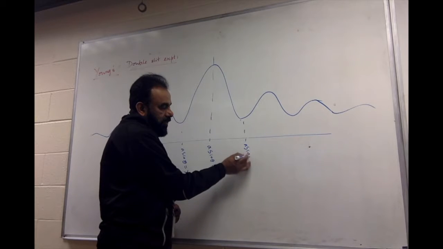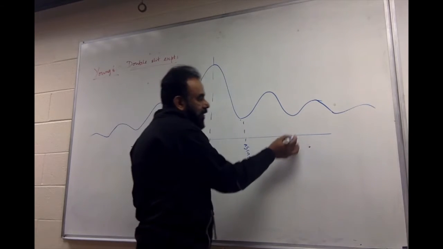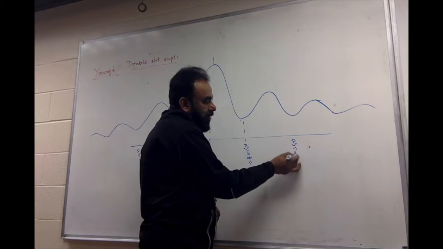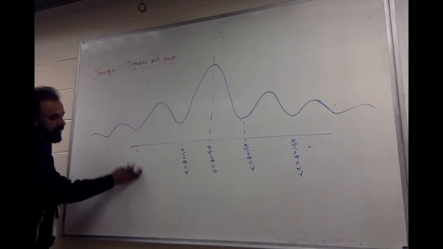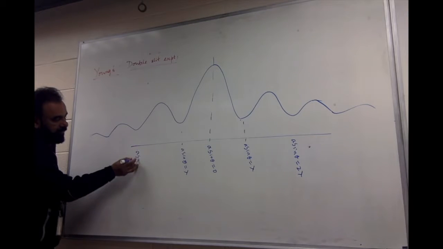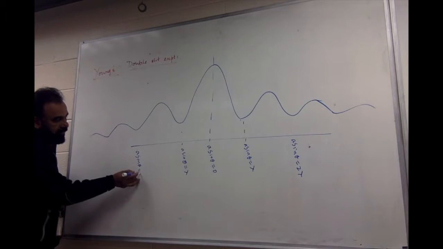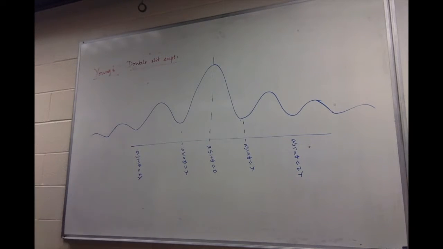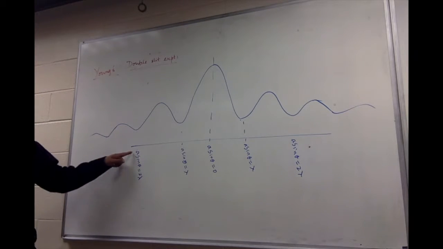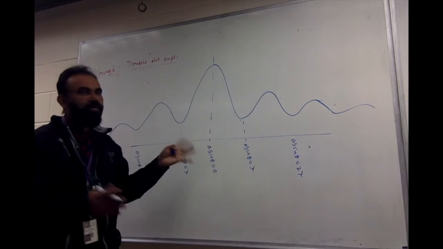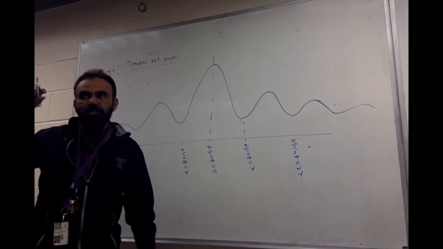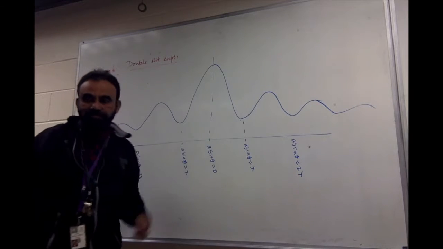A sin theta is equal to lambda, A sin theta is equal to 2 lambda, and it goes on. So these peaks appear according to this condition because A is what decides the pattern.